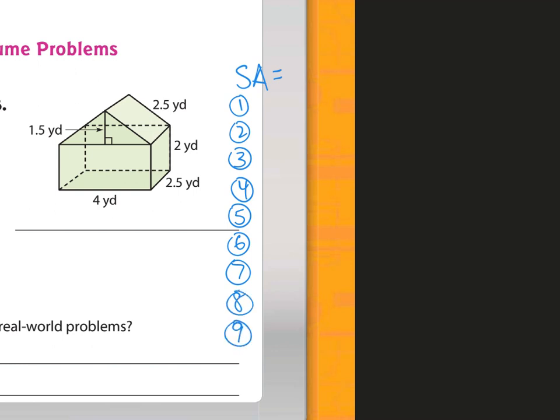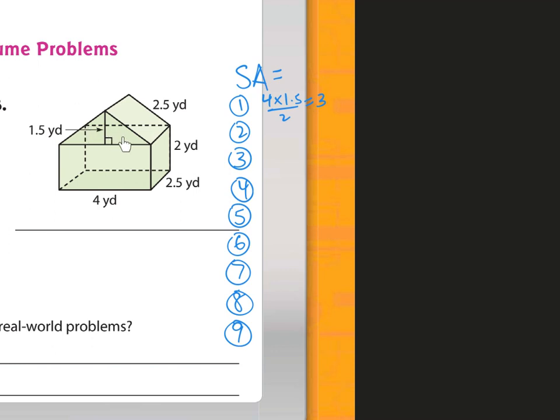I'll start with that triangle right here. The area of this surface is 4 times 1.5 divided by 2. Well, that's going to be 2 times 1.5, so that should be 3. That front area is 3, and it has a back area, right?